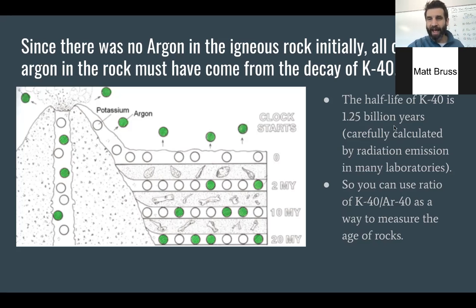So the half-life of potassium 40 is 1.25 billion years. So when we see the same amount of argon 40 as potassium 40, we know that that rock is 1.25 billion years old.